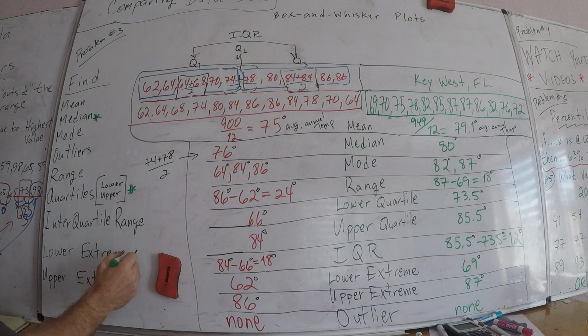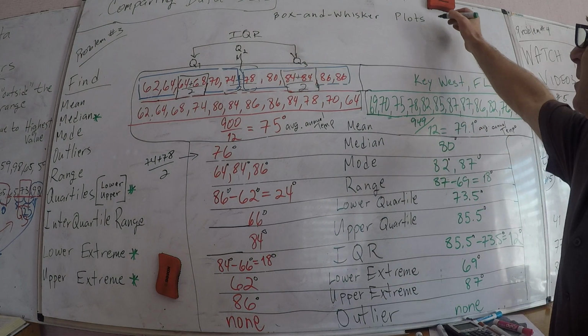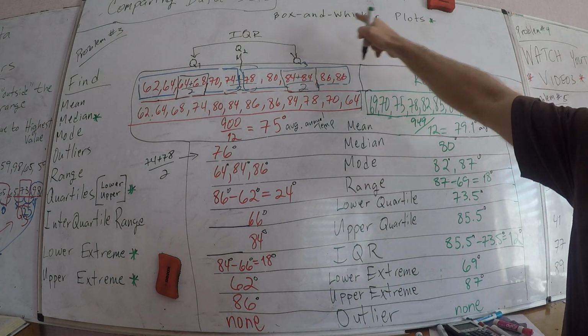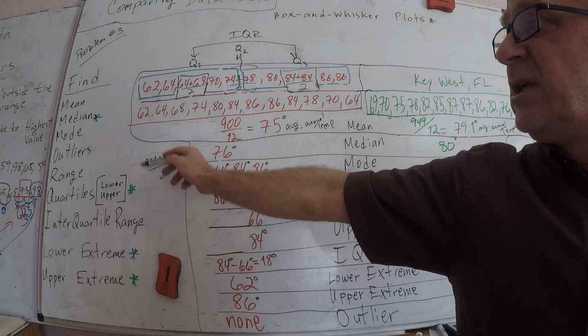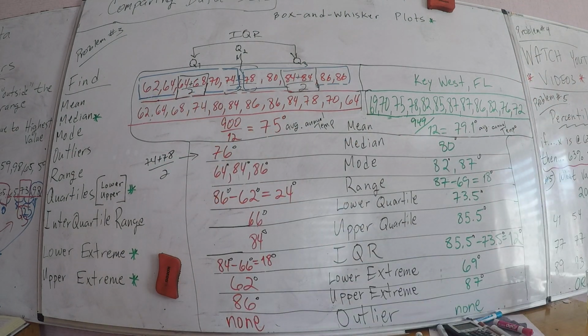It uses the lower extreme. And it uses the upper extreme. Those are the things for a box and whisker plot. That asterisk complies with these asterisks. So let's make a box and whisker plot.